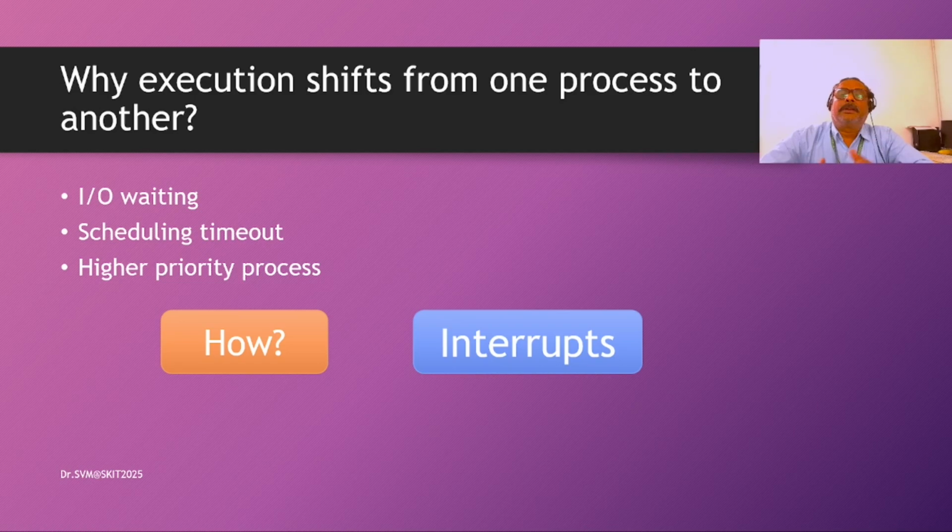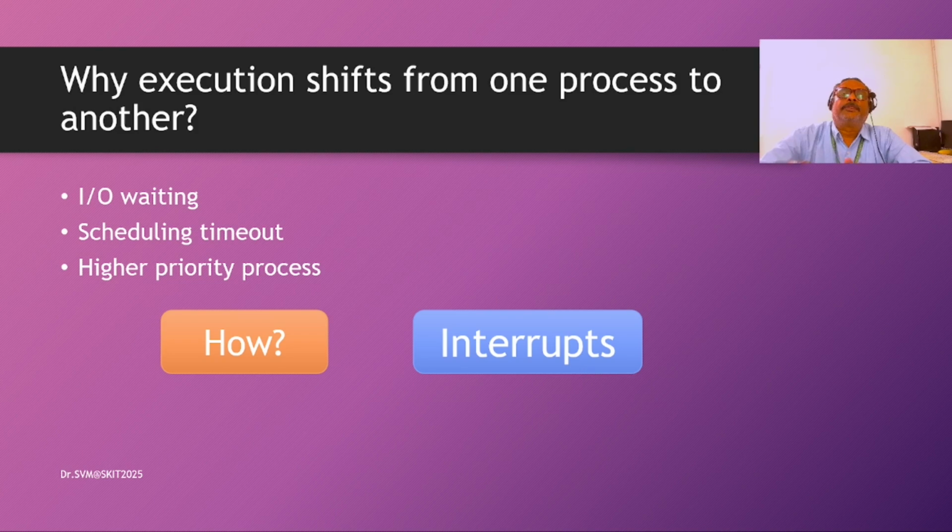So there are different reasons for stopping one process and continuing some other process. One reason, IO waiting. Then IO waiting will give some type of signal to the processor to interrupt it, and says that this current process we cannot continue because it wants to wait for some IO operation to happen.